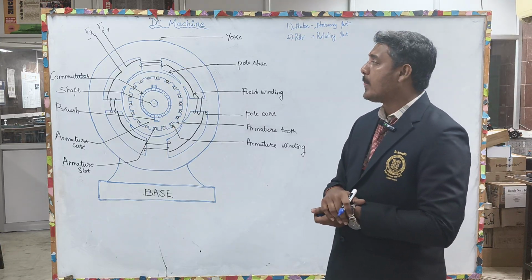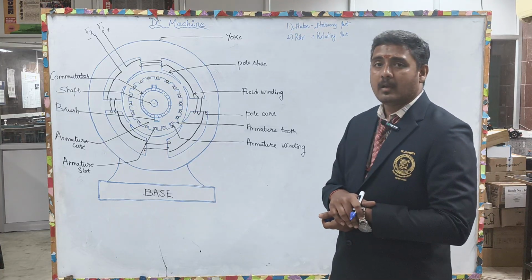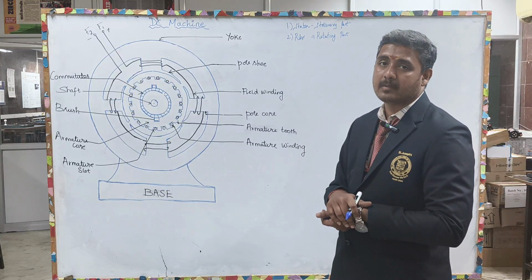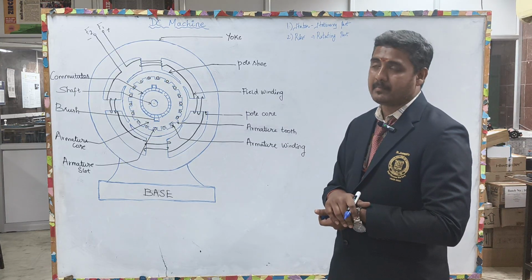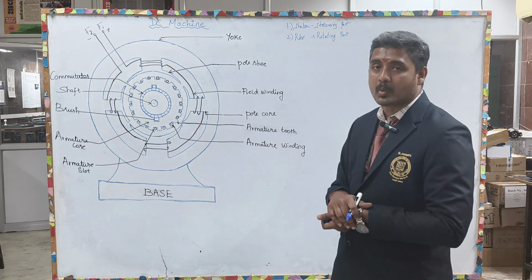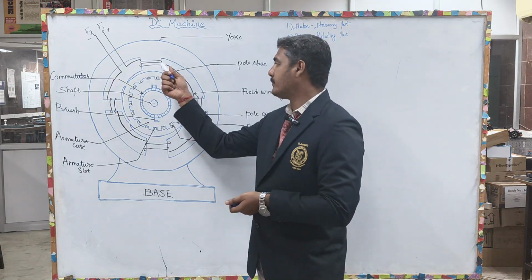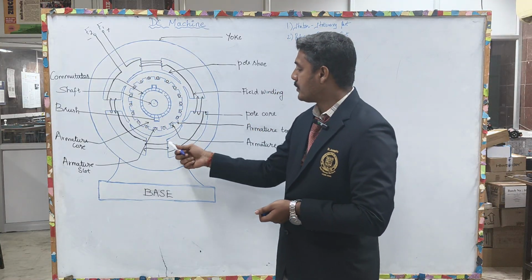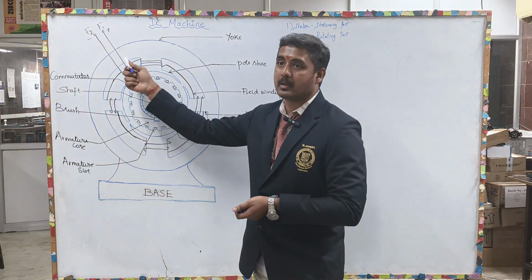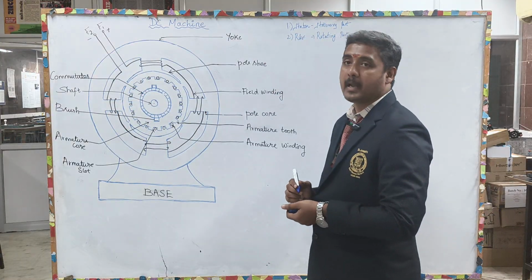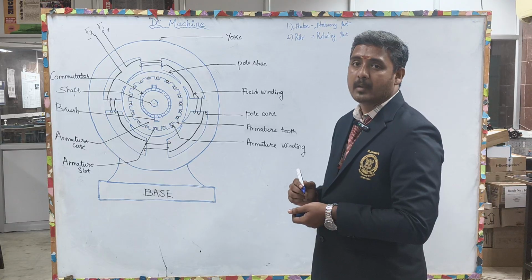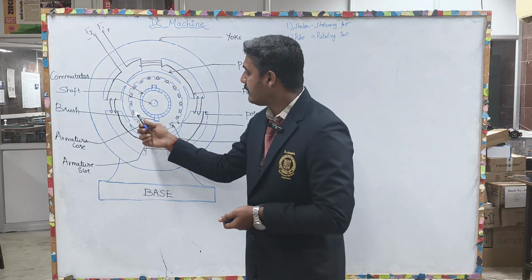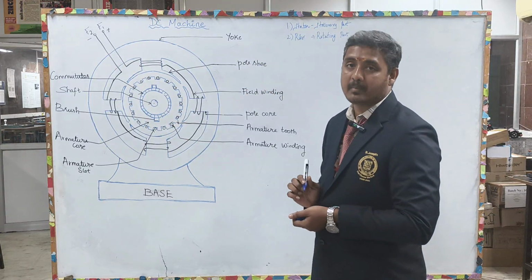Now, here you will be having the field winding which will be given a DC supply, wound over the pole core. The field winding is wound over a pole core, and you will be having a pole shoe here where the field winding will not be present.